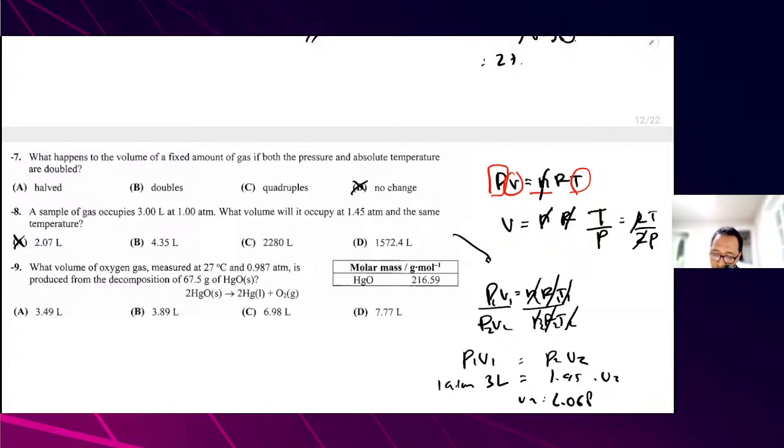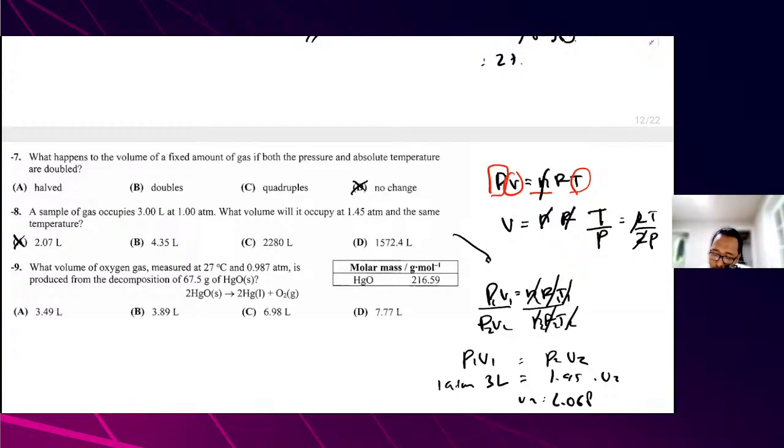Yes, that's true. What volume of oxygen gas produced from the decomposition of HgO? Okay, so now we are looking for the moles.